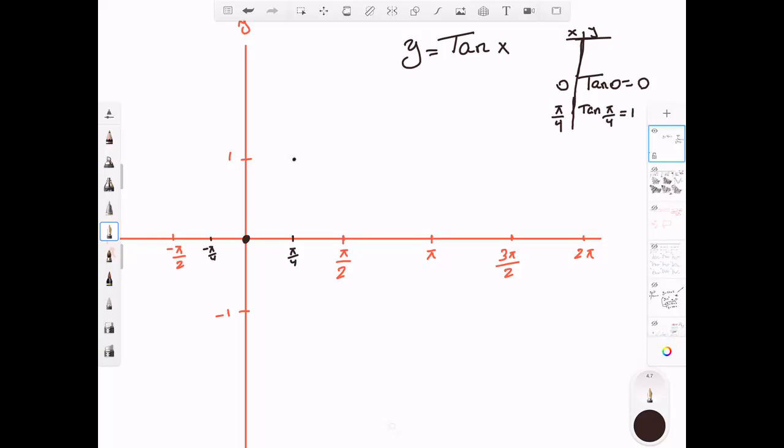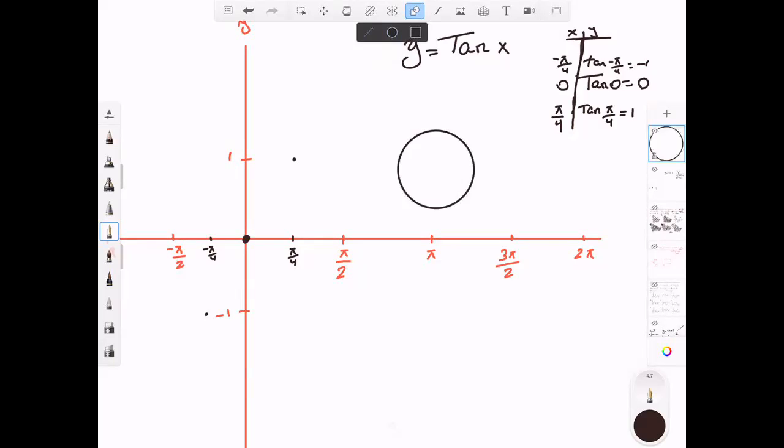Very good, 1. What is tangent of negative pi over 4? -1. Very good, -1. So on the unit circle, if I make a circle here, on the circle we learned x represents cosine and y represents sine.